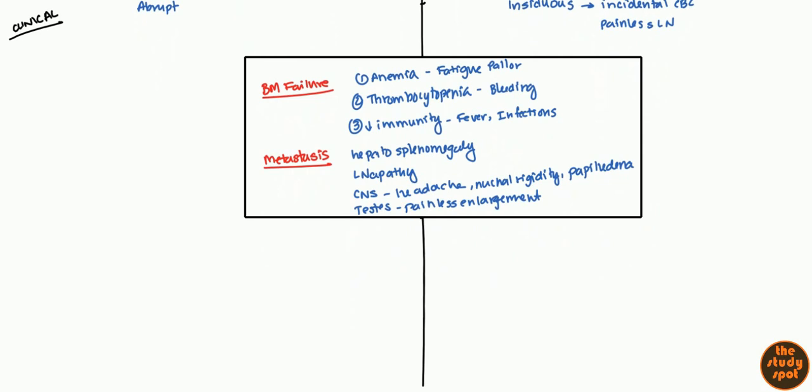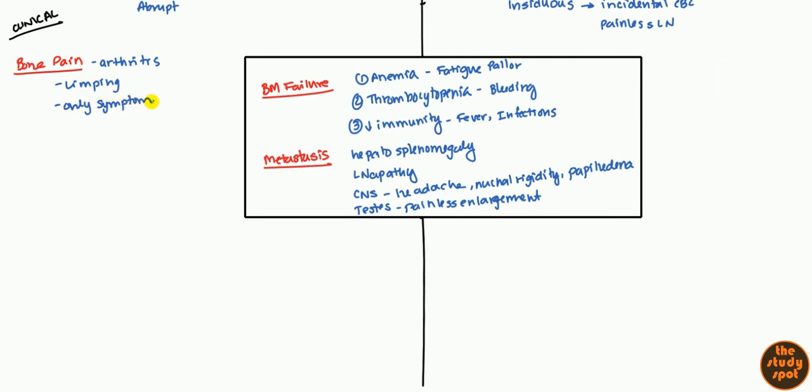Now we'll talk about some of the symptoms related to one or the other. The first that we can talk about in ALL is bone pain. This bone pain is related to expansion of the bone marrow, which leads to tenderness and a form of arthritis. This may present as limping, and oftentimes this might be the only symptom.